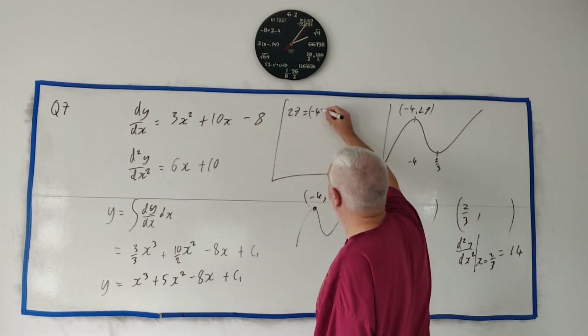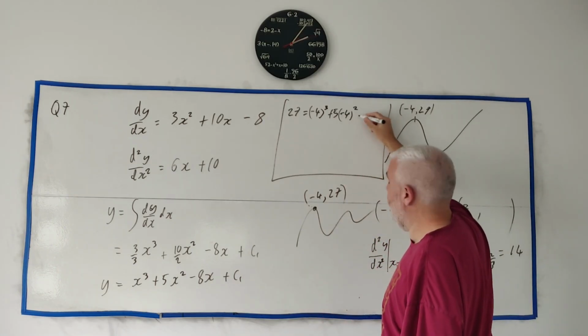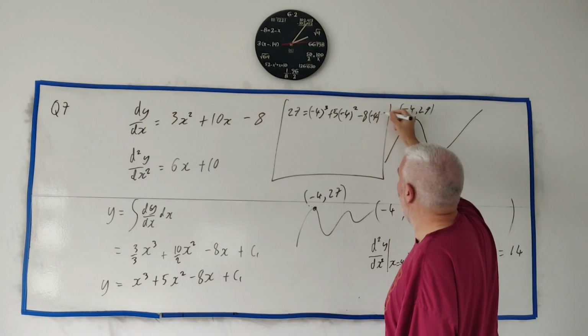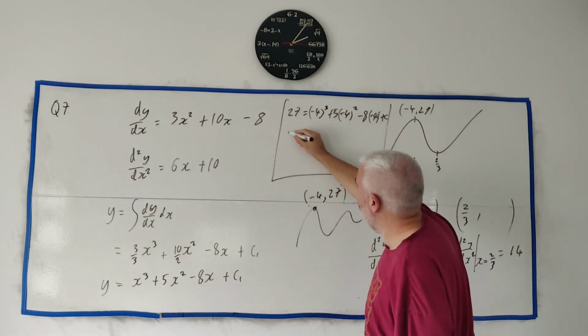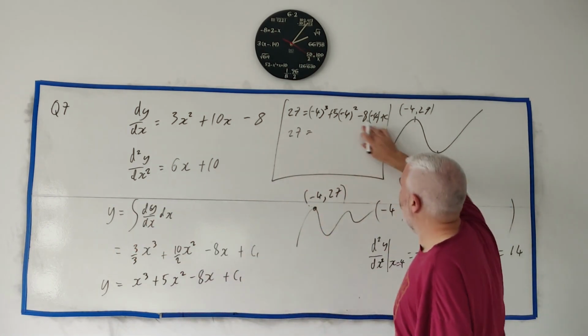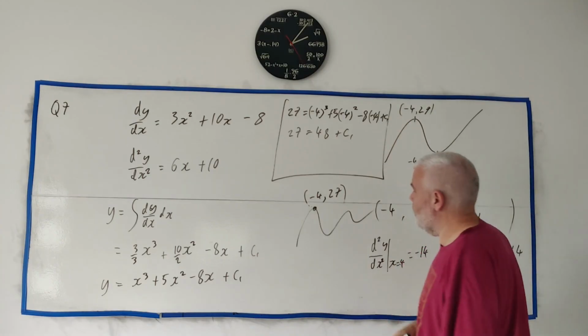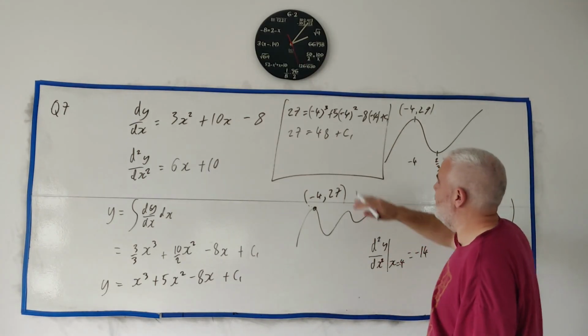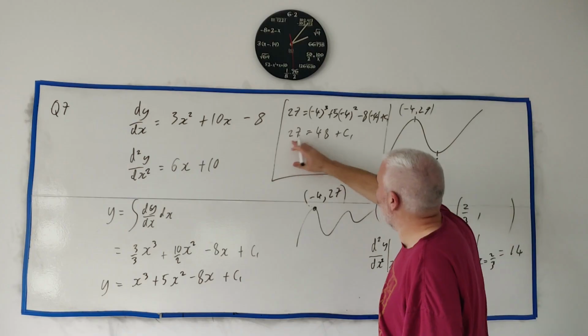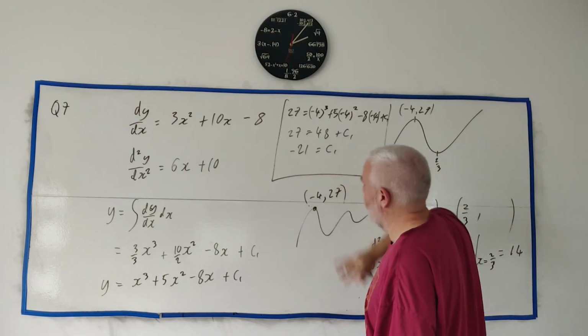That's minus 4 cubed plus 5 times minus 4 squared minus 8 times minus 4 plus c. Clean all that up. We get 27 is equal to, put all this in the calculator, you get 48 plus c1. I'll leave a c1 there. It's just an old habit I've started. 27 minus 48 is minus 21, which is equal to c1.